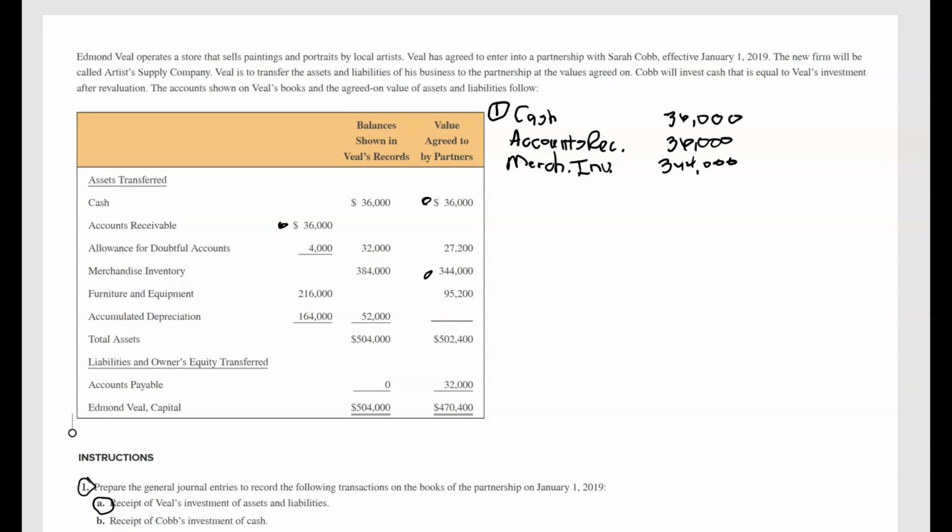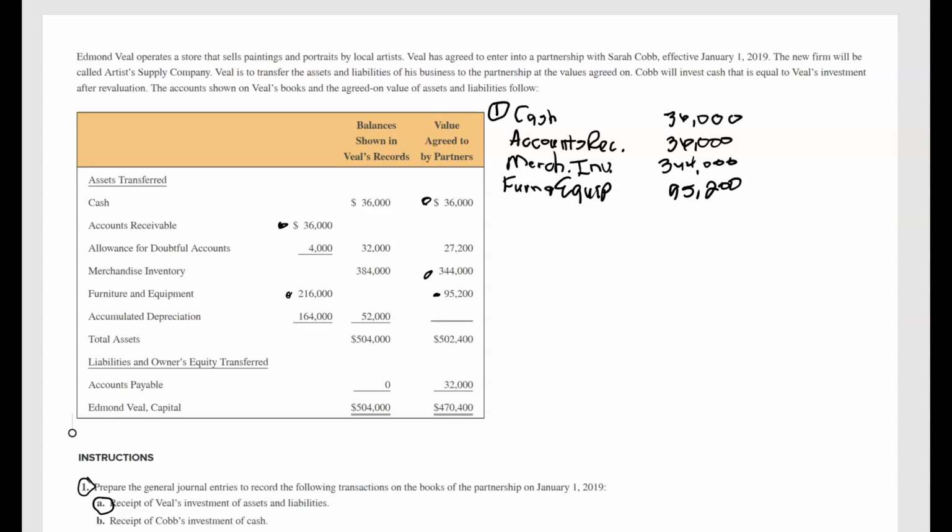And furniture and equipment is actually valued at $95,200. That's what was agreed upon. It's on his books at $216, but they only agreed upon $95,200. So furniture and equipment is $95,200.